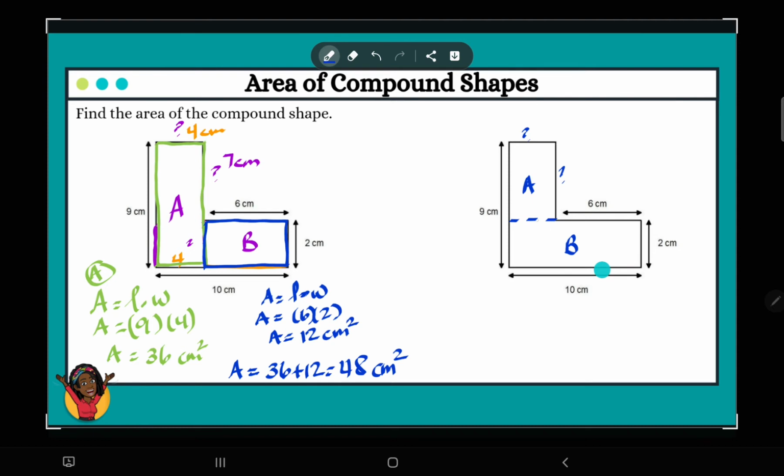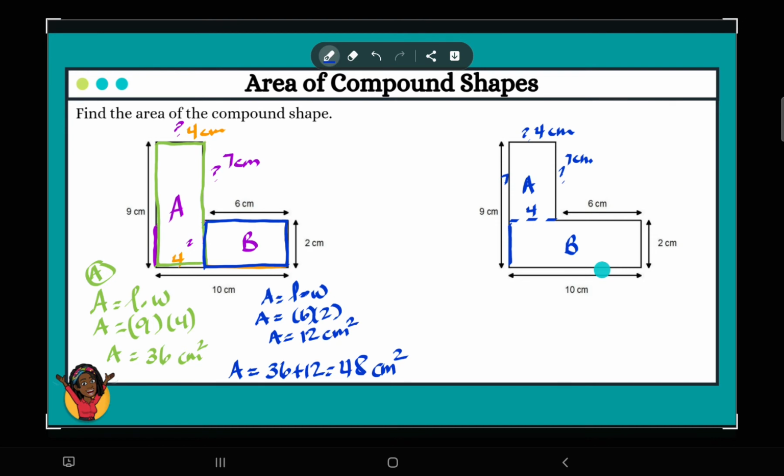So now if this entire thing is 10 and this portion is 6, that means right here would have to be 4, and the same would apply here. And if this entire thing is 9 and this portion is 2, that means this is 2. So therefore this would have to be 7, and over here would also be 7. So now I have all my sides filled in.